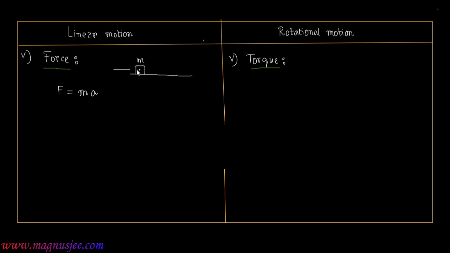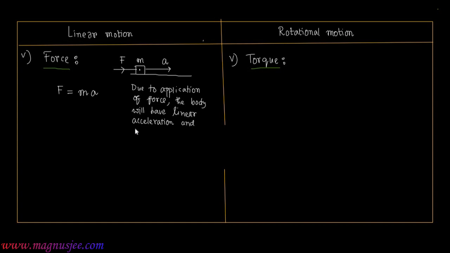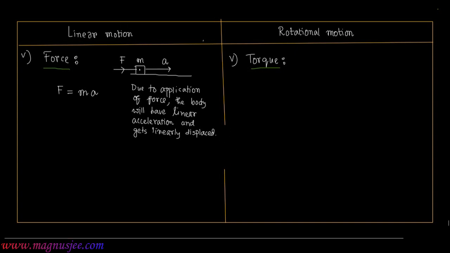This is a body of mass m on which a force F is acted, and the body will be moving with the linear acceleration a. Hence we can say that due to application of force, the body will have tangential or linear acceleration, gets linear motion, and gets linearly displaced.